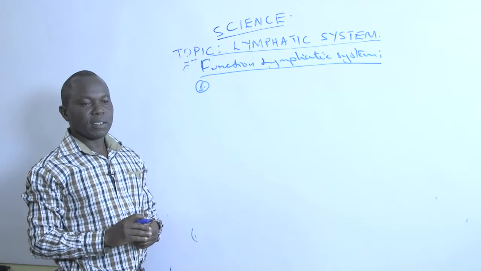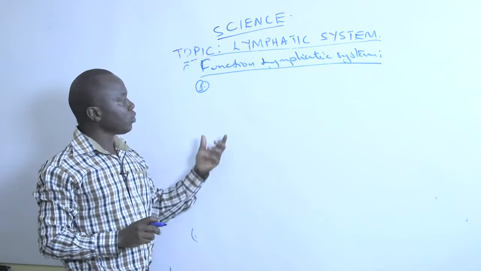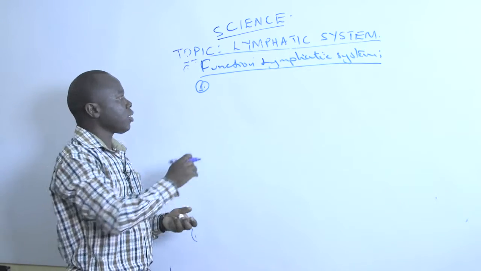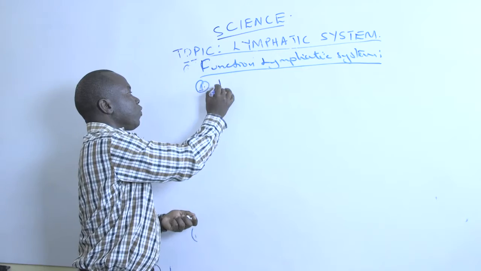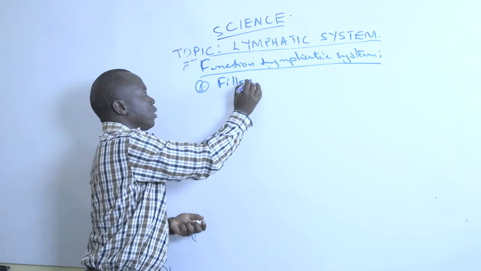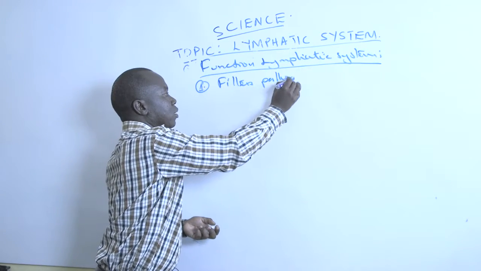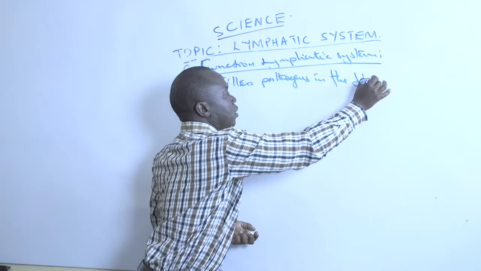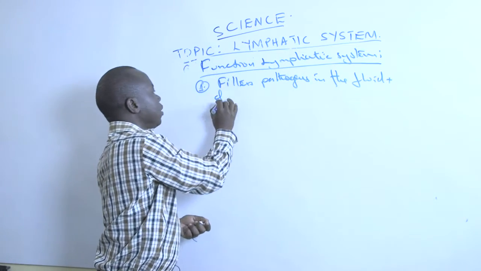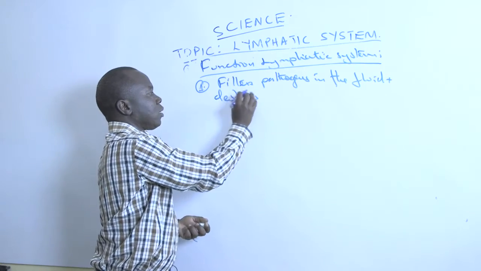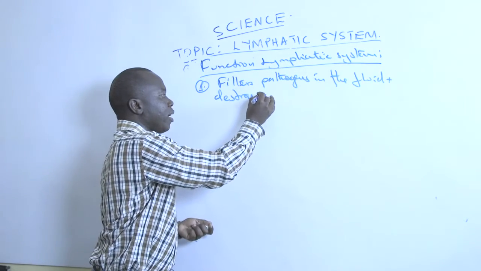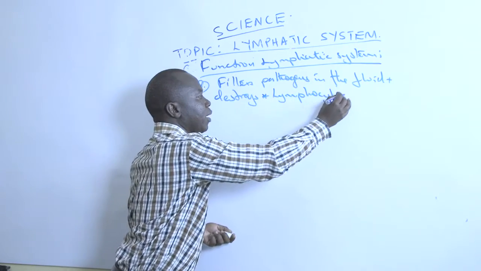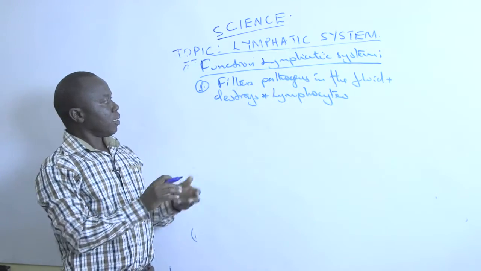One of them, because it has the lymph nodes, is to trap or filter pathogens in the fluid, and in the process destroy the pathogens. Remember, we have structures like the lymphocytes that will come in handy to destroy the pathogens.